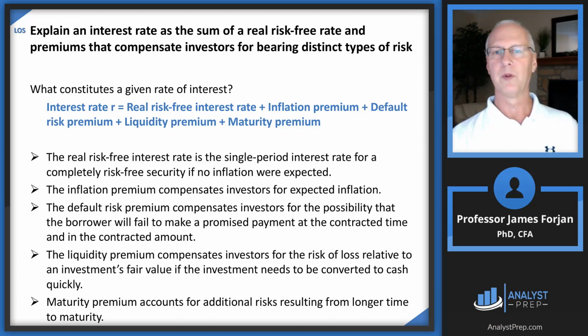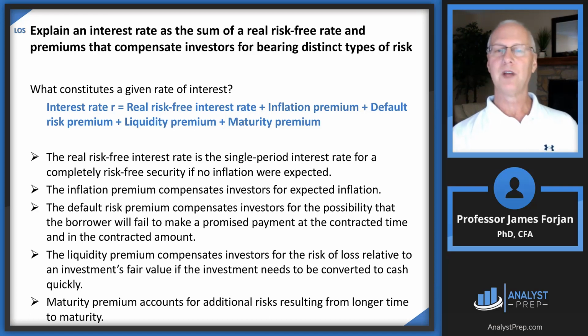There are multiple examples out there, but let's take 2 that are personal in my family. You know, I'm 57 years old. If I came to you and said, hey, I want to borrow $100 for a year, you may pick an interest rate, let's say 5 or 6%, and that 5 or 6% is going to depend on the likelihood that I'm going to repay that loan, the default risk premium.